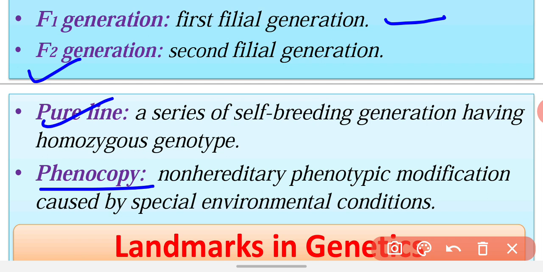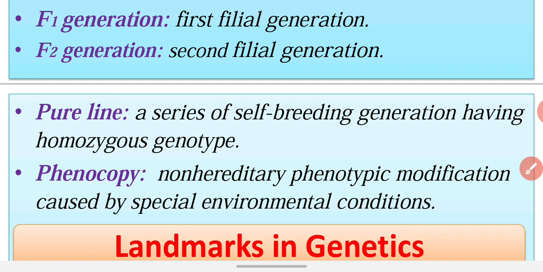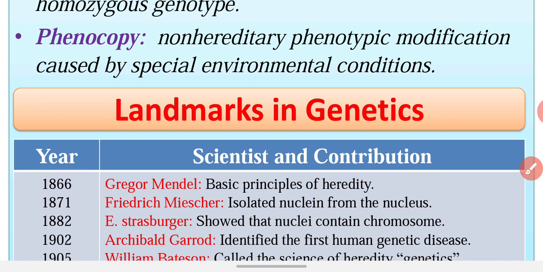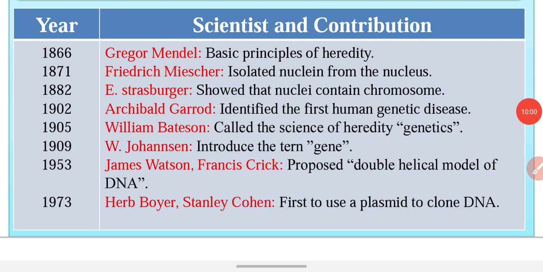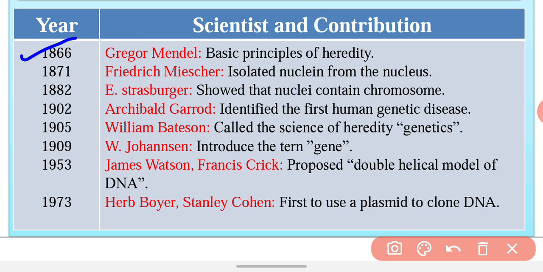I will discuss some landmarks in genetics. There are some scientists who played the most important role in the field of genetics. In 1886, Gregor John Mendel gave the basic principle of heredity. In 1871, Frederick Miescher isolated nuclein from the nucleus.